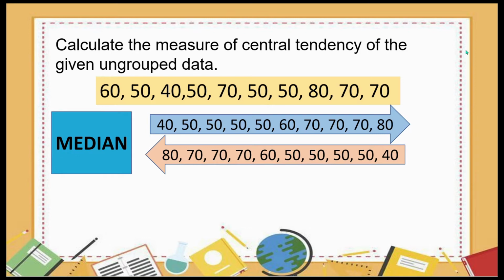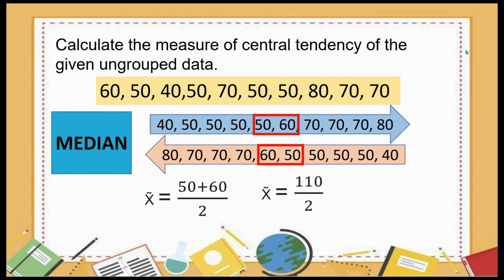The two middle numbers are 50 and 60 and they lie in the 5th and 6th position. To get the median, add 50 and 60 divided by 2. 50 plus 60 is equal to 110 divided by 2. The answer is 55. Therefore, the median in the given set of data is 55 and it can be located in this position.